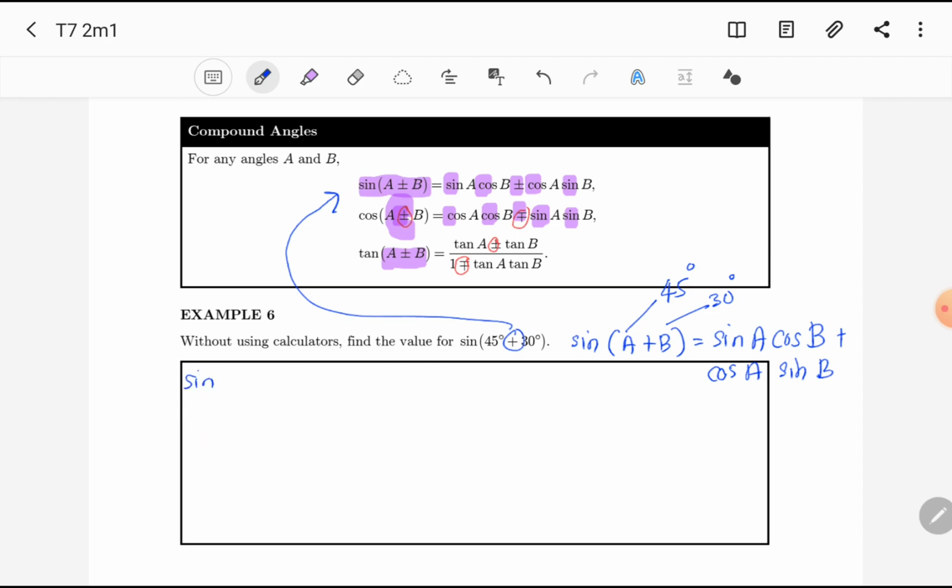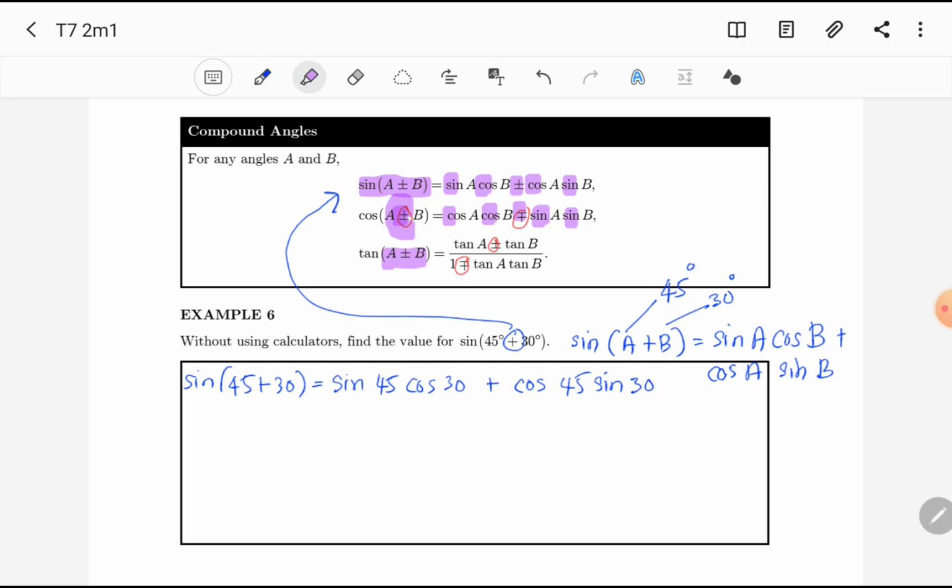So sin 45 plus 30 equals to sin A, sin 45, cos B, cos 30, plus cos A, cos 45, sin B, sin 30. Okay.